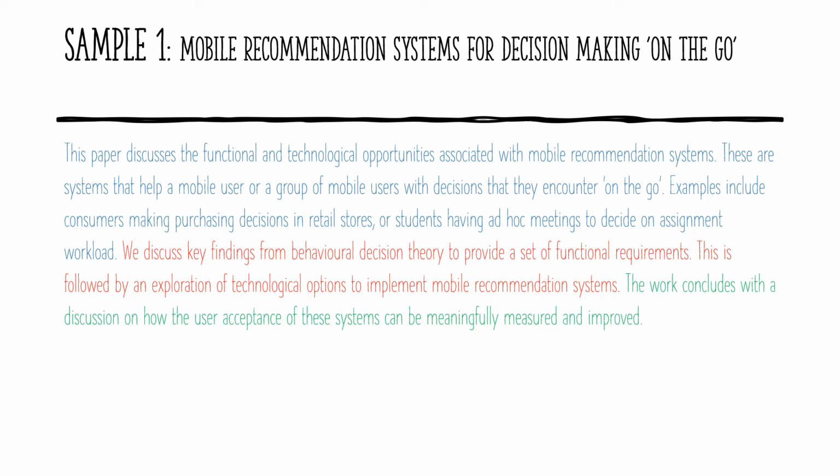Then the green one, the work concludes with a discussion. They join the discussion with the conclusions together. There are some missing parts, like a result. They don't have that. They just give the conclusions.